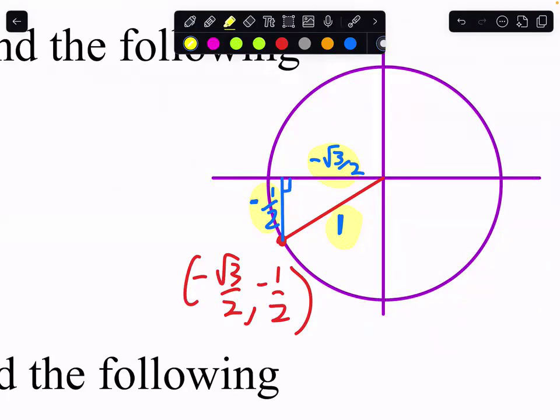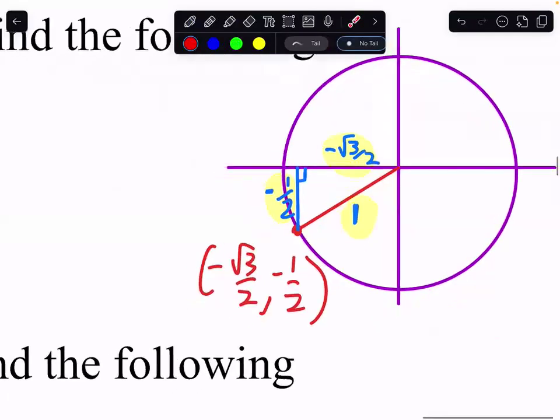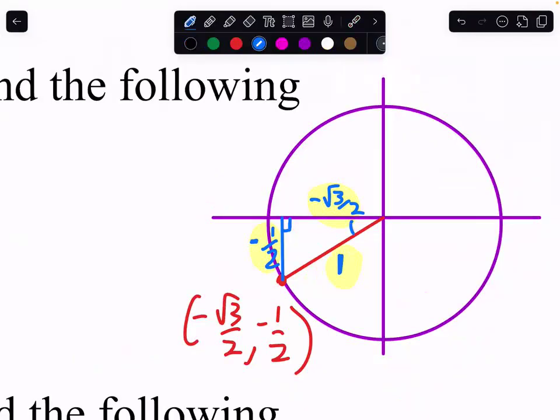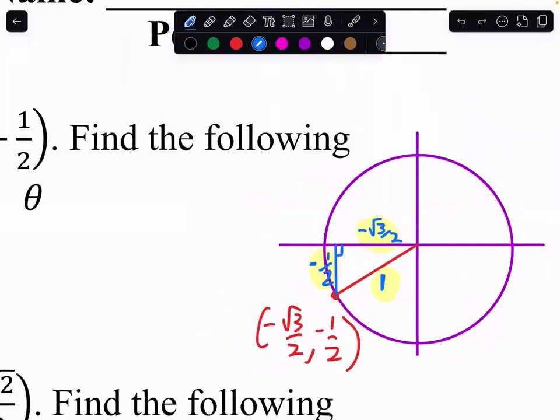First, is this the 30, 60, 90 or the 45, 45, 90? The 45, 45, 90 has these two sides equal in length, and that is not the case here, so this one's going to be 30, 60, 90. Now, is this angle the 30 or the 60? One thing you should remember is that the smaller angle is opposite the smaller side.